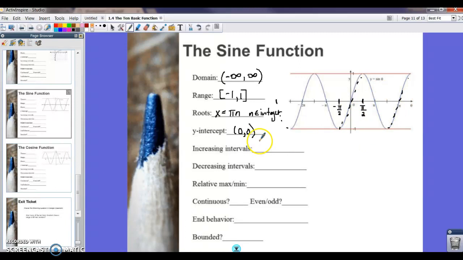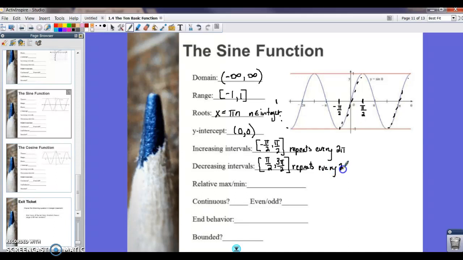So we'll say it increases from -pi/2 to pi/2 and repeats every 2 pi. Okay, that repeats every 2 pi. We're decreasing from pi/2 to 3 pi/2. And again, that repeats.